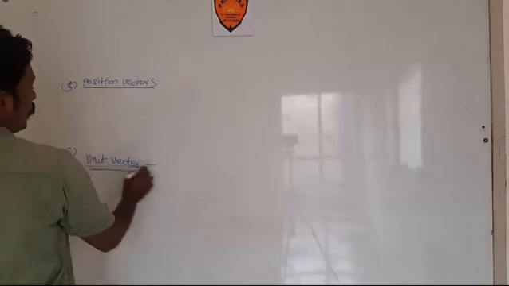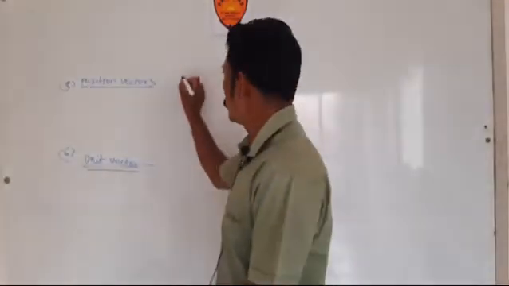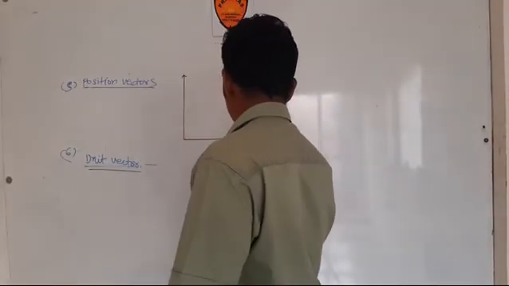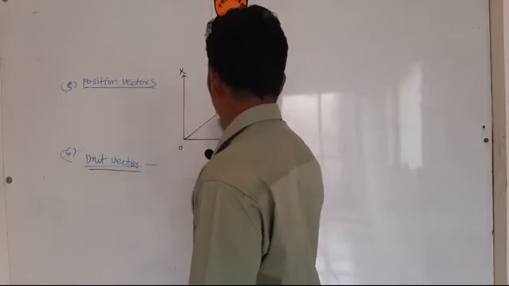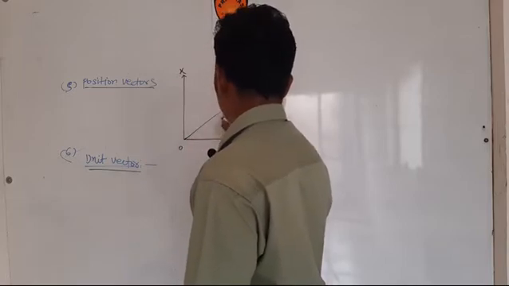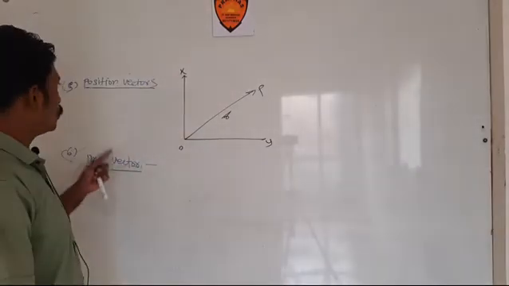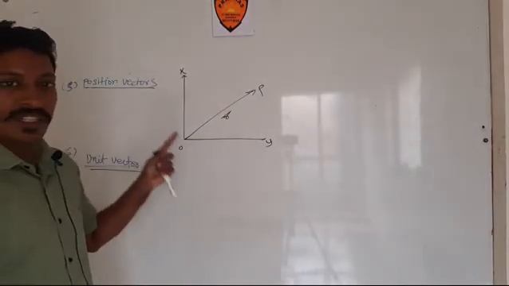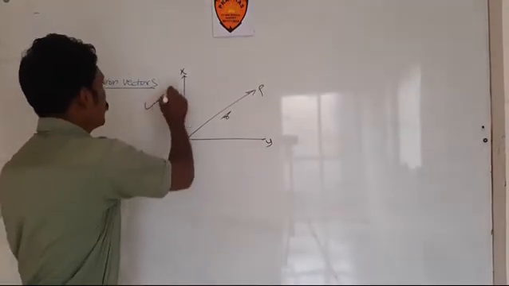What are position vectors and unit vectors? What is a position vector? This is the x-axis and this is the y-axis and this is the origin O, this is the point P and this is R bar.